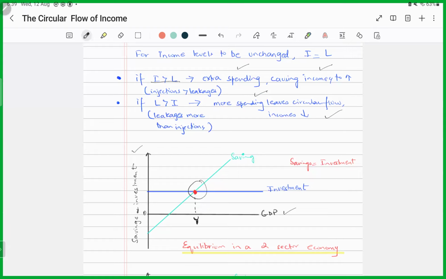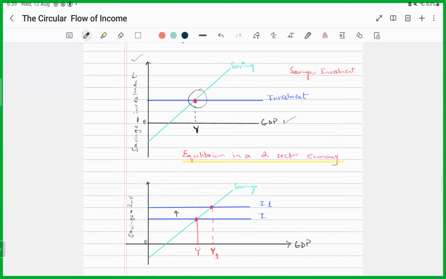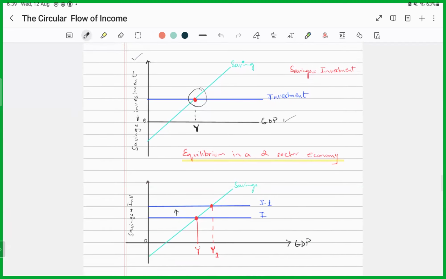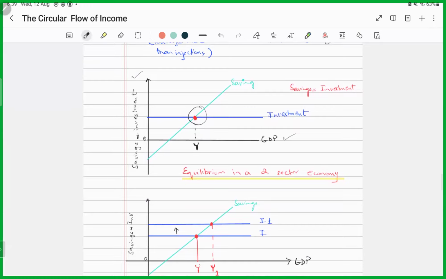So, how would we graphically represent situations where there are changes in the level of injections and leakages? Let's say there was an increase in the level of investment. Investment is what? An injection. So it should cause the income level and the output level to rise, right? That's exactly what has happened.